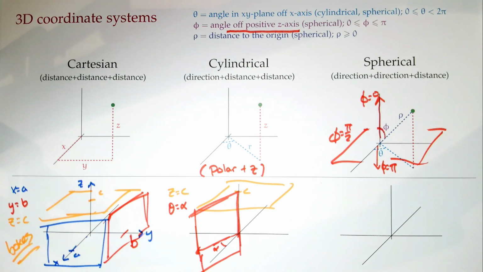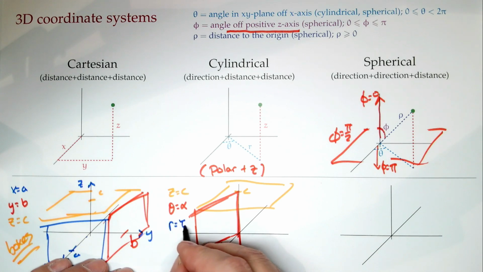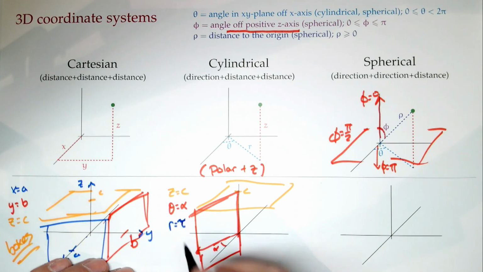Now, what about r? Suppose I fix r to be something, let's say tau. So r is fixed. What would that look like? It would be a cylinder. Now, think about r in just polar coordinates. Build your intuition up there.